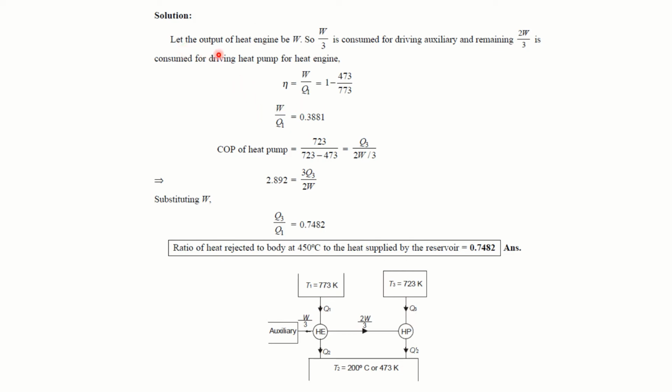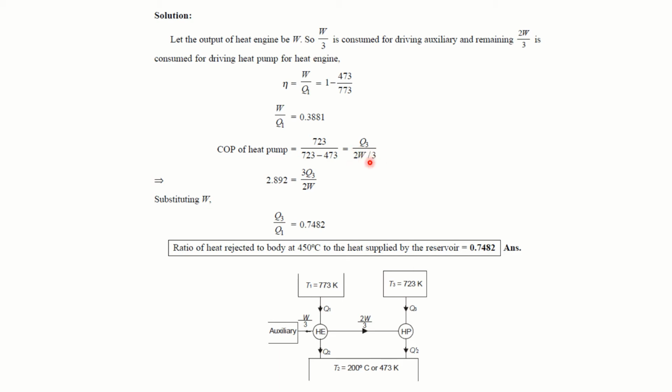So, here efficiency W by Q1. That is also nothing but 1 minus this temperature by this temperature. So done. I got W by Q1, this relationship. COP heat pump, again you know the temperature relationships, you can write this. Also you know the heat relationship.